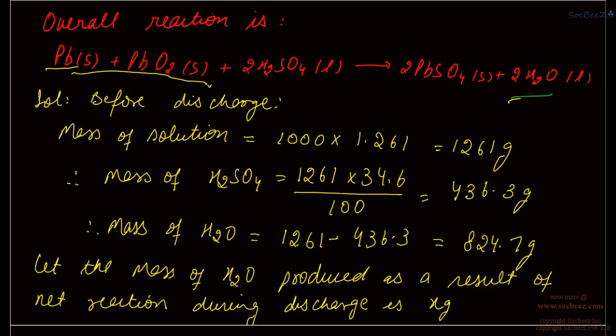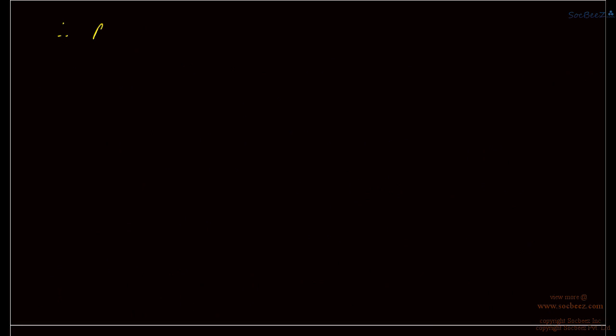This is the net reaction. So as a result of this net reaction during discharge, let the mass of H2O that is produced be x gram.